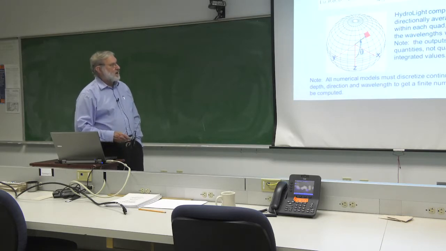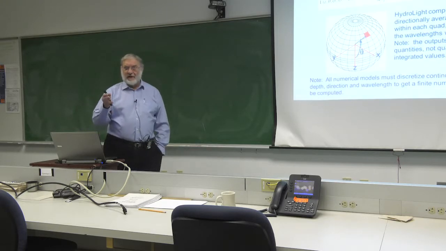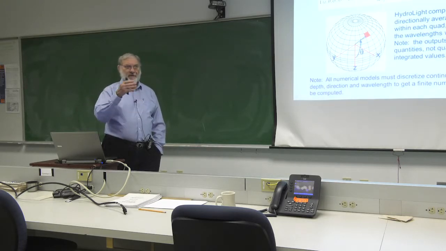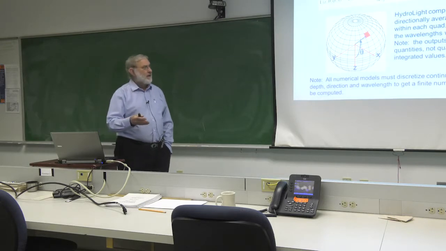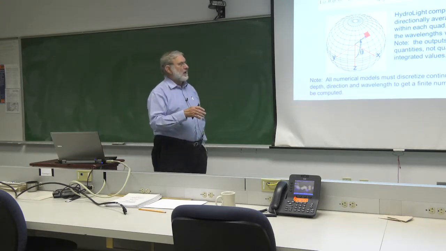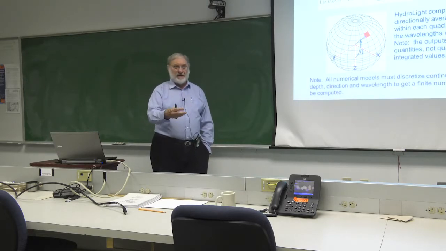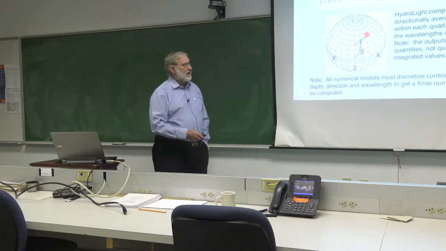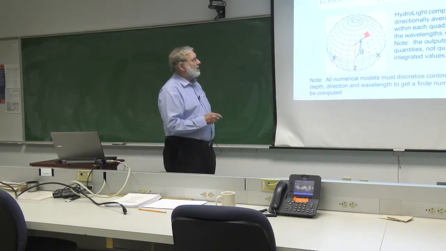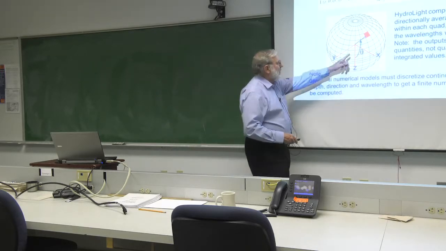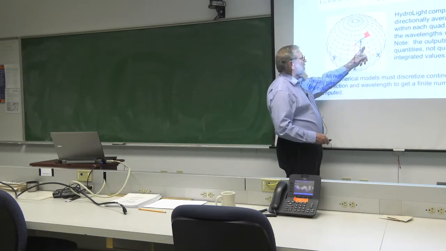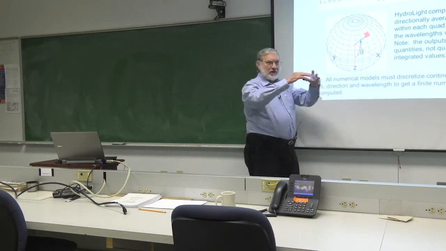So then the computational model. Well, you really have a radiance distribution that's a continuous function of depth, direction, and wavelength. Any numerical model has to figure out some way to turn these continuous functions into a finite number of numbers that it can solve for. So what Hydrolight does is it takes the actual radiance distribution, and you can think of it integrating over little windows here, like little latitude, longitude partitioning of all directions.